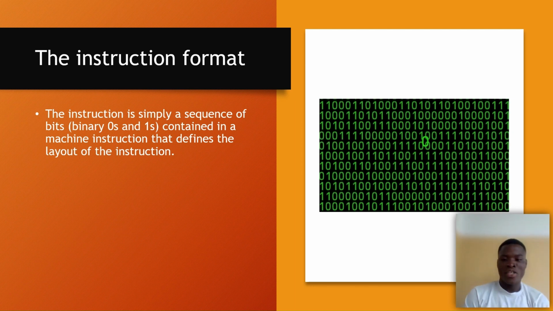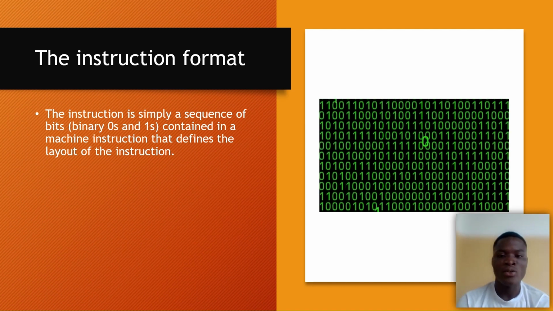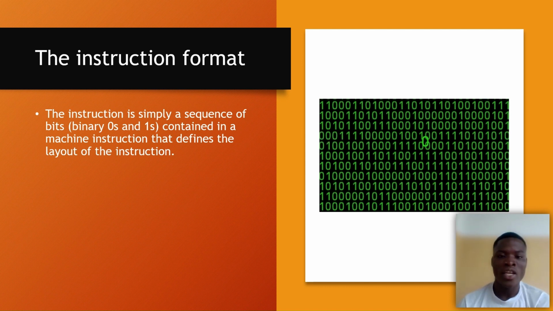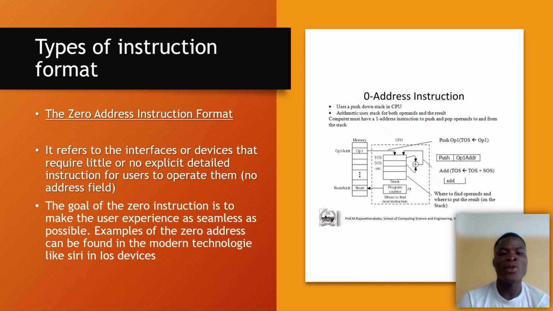We have types of instruction format, namely the zero address instruction format, one address instruction format, two address instruction format, and the three address instruction format. The zero address instruction format refers to interfaces or devices that require little or no explicit detailed instruction for users to operate them, and it requires no address field.